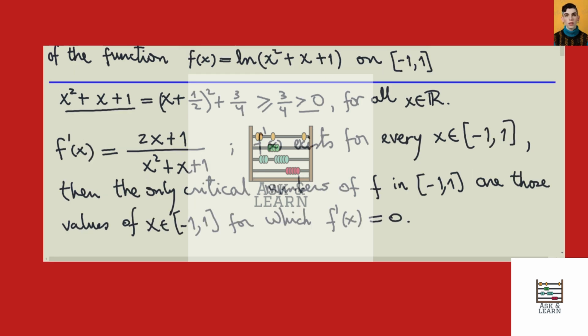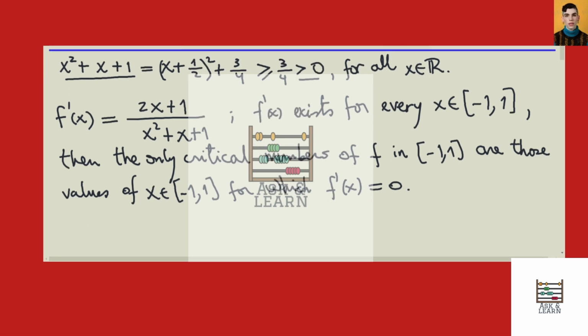That means the only critical numbers of f in -1, 1 are those values of that interval for which the first derivative of f is equal to 0.